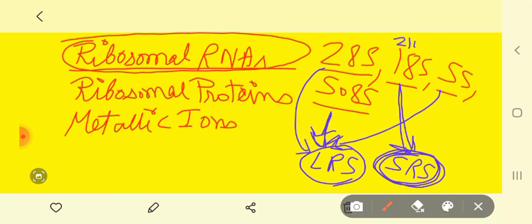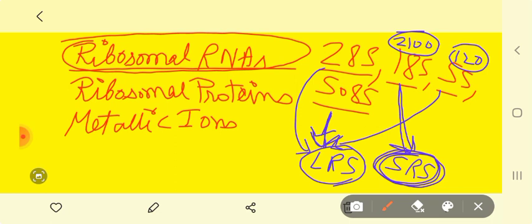The molecule of 5S rRNA is made up of 120 nucleotides only. The other RNAs have not been mentioned.